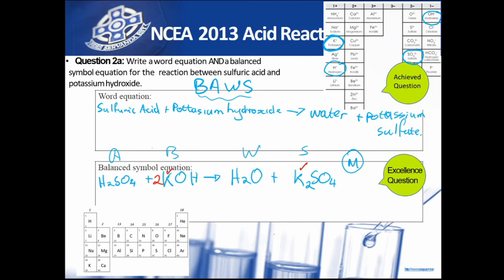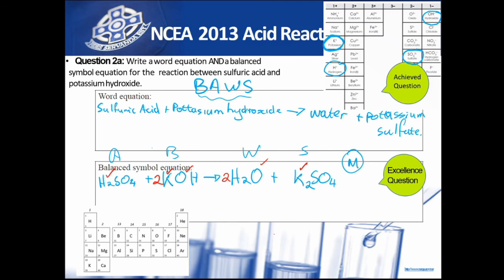Brilliant. How many hydroxides? There's 2 of them. That means there's 2 oxygens. And how many oxygens on this side? Oh, only 1. Let's put a 2 there. Now there's 2 oxygens, 2 oxygens. How many hydrogens here? 2. 2 times that gives us 2. Uh-oh, but this side we have 2 times 2 is 4. There's the other 2. Bang. Yippee!